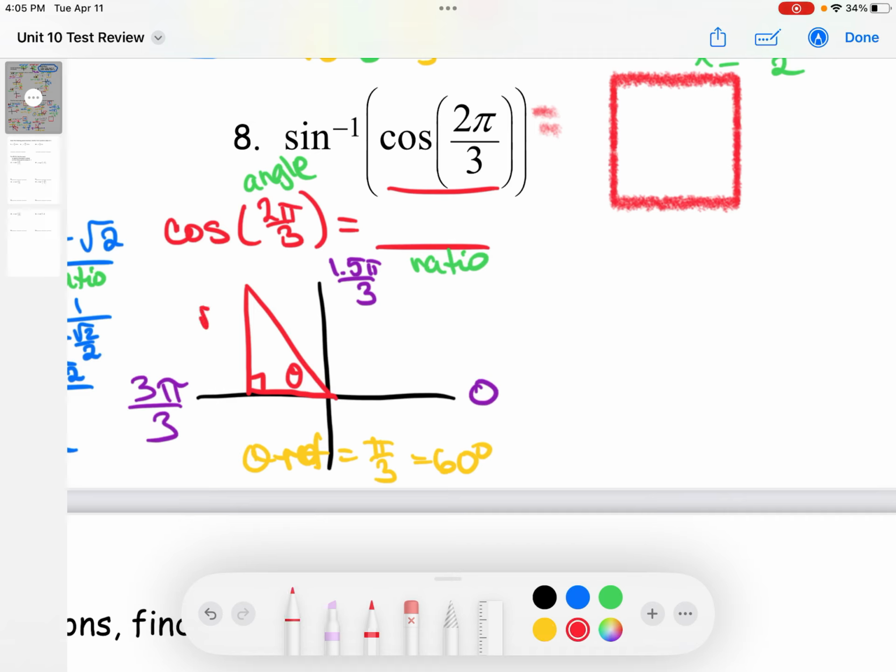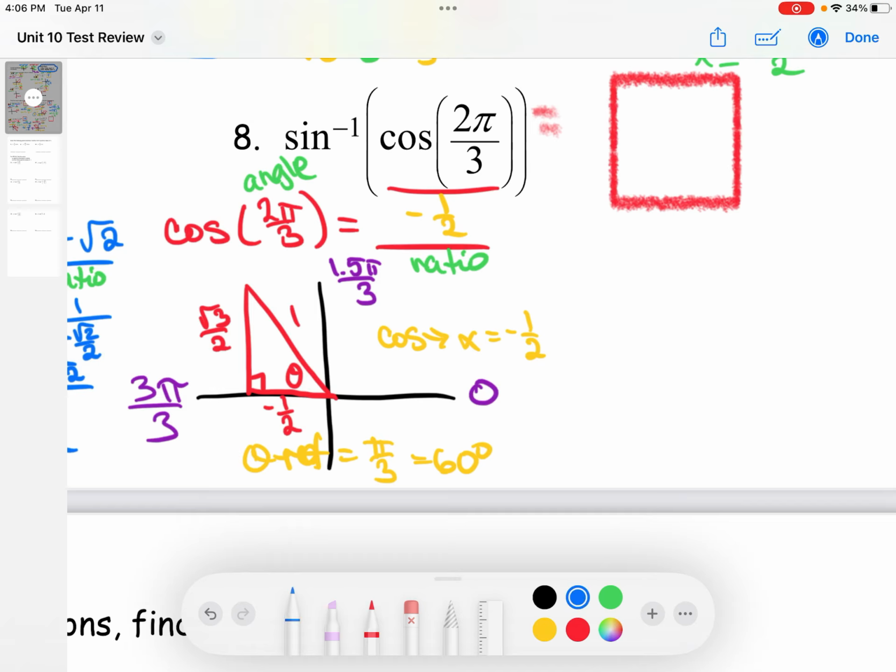So across from a 60-degree angle is root 3 over 2. The other leg would be negative 1/2, negative because it's on the left, hypotenuse of 1. Cosine is x, which is negative 1/2. So cosine of 2 pi over 3 is negative 1/2.